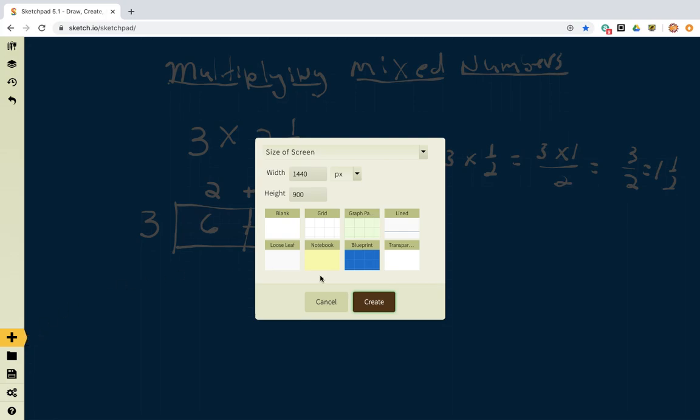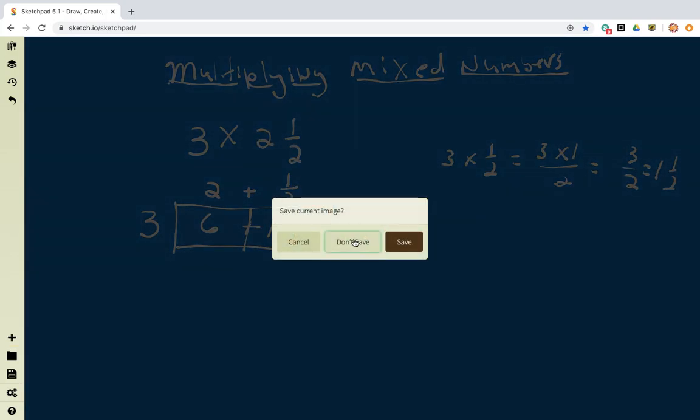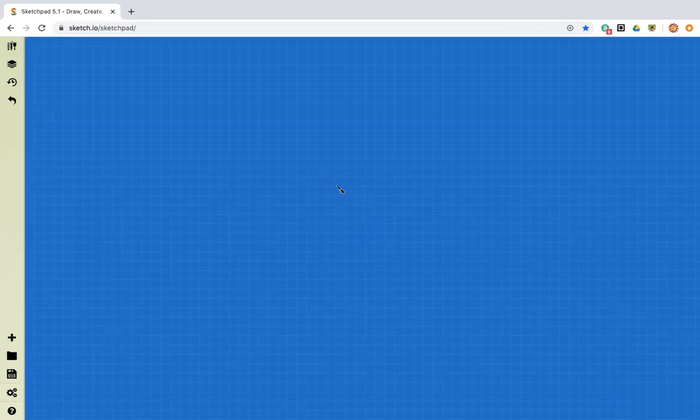Let's look at another example. We're going to need a clean sheet of paper. And let's talk about one that looks like this. 3/4 times 2 1/3. 3/4 times 2 1/3.